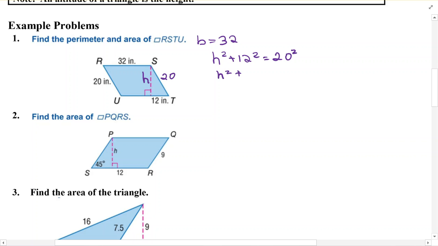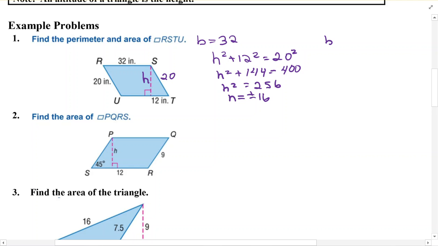So h squared plus 144 equals 400. So h squared would equal 256. And h would equal plus or minus 16.